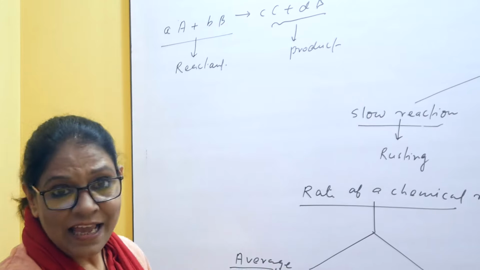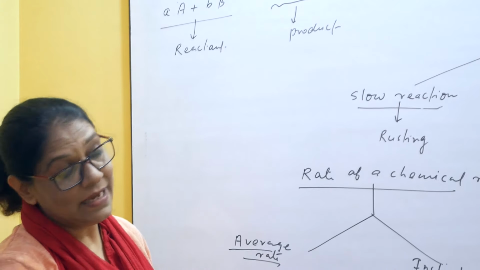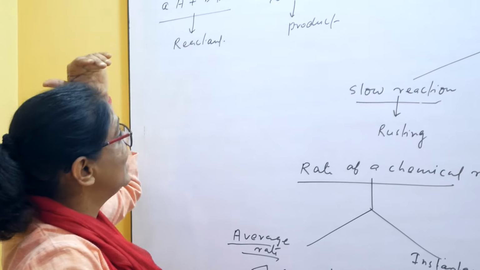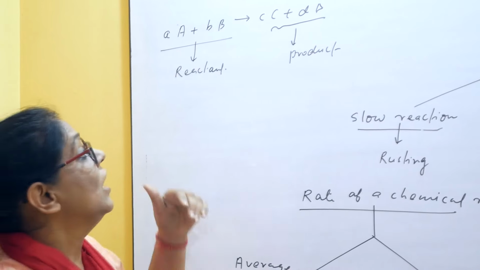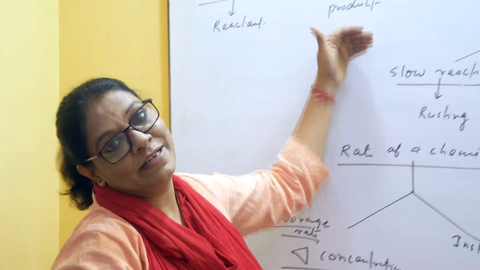And as time passes, the concentration of reactant decreases and the concentration of the product increases. So whenever we are going to show the rate of a chemical reaction, we will take reactant in terms of negative concentration and products in terms of positive concentration.